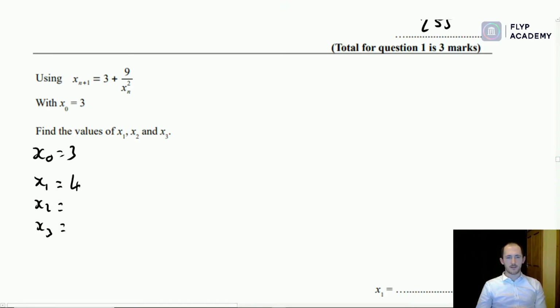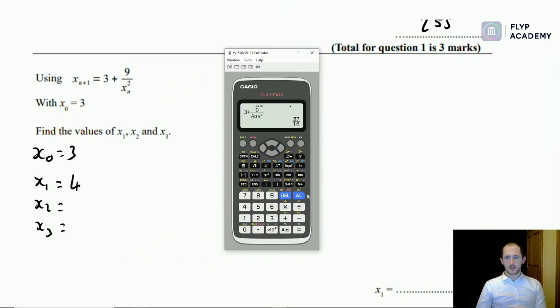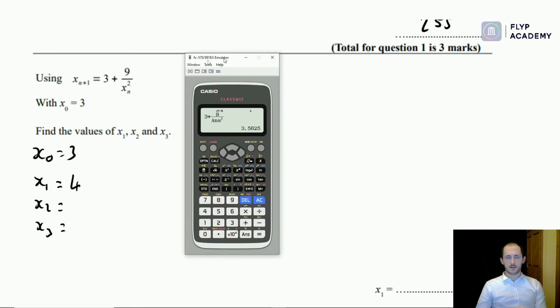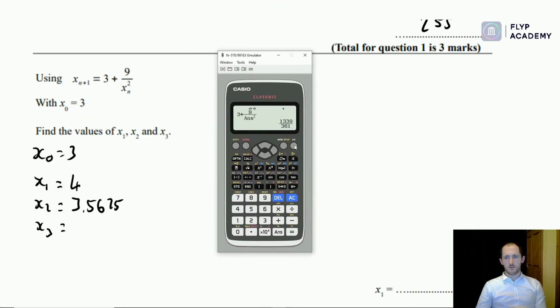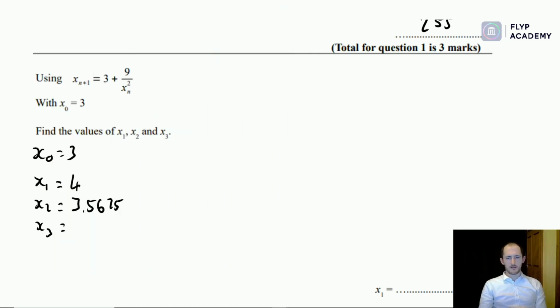And then I press equals again, I get 3.5625. And again, if you imagine, if you're using a calculator in your exam, you can do this a lot faster than I'm doing it, because I have to click using a mouse. So 3.0914127.4. That's it. That's all iteration is.